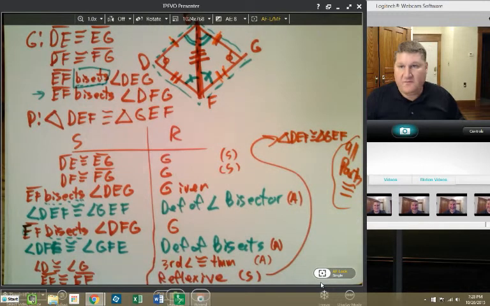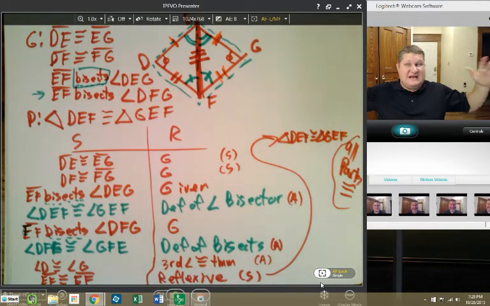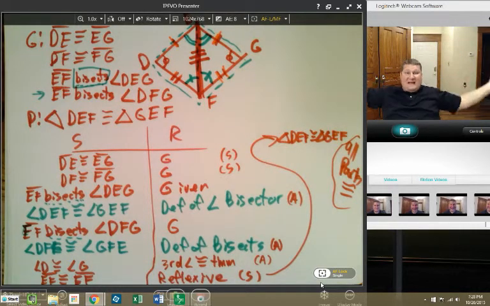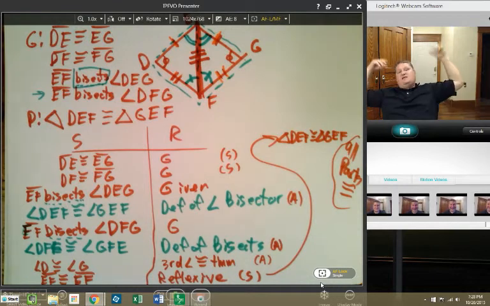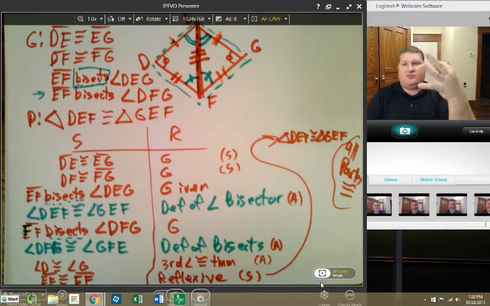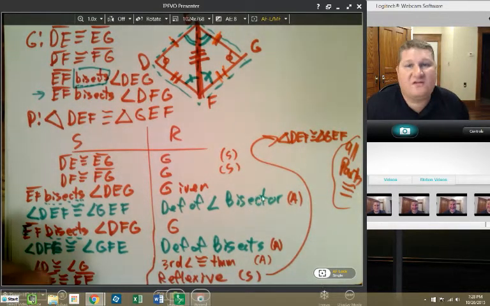There we go. So that is a theorem. It's not challenging because all you have to do is put the givens down. Once you have the givens, you talk about bisects. Once you talk about bisects, that means some angles are congruent. Once some angles are congruent, you say, oh, reflexive side. Now I have three angles, three sides. That's six pieces. That's the whole triangle. It works out nicely. So with that, take a look at your own theorems.